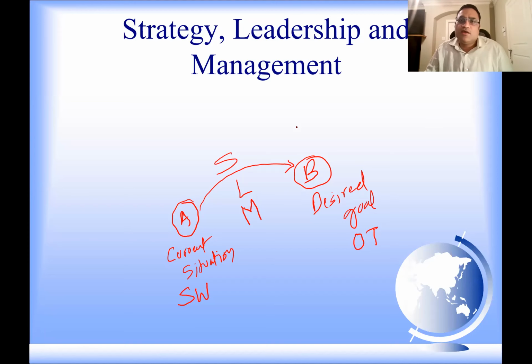Now, let me give you the overview of the course as such, okay? So, we are in a situation, wherever you are, think of that as your point A. That is your current situation. And where you want to go is point B, which is your desired goal.